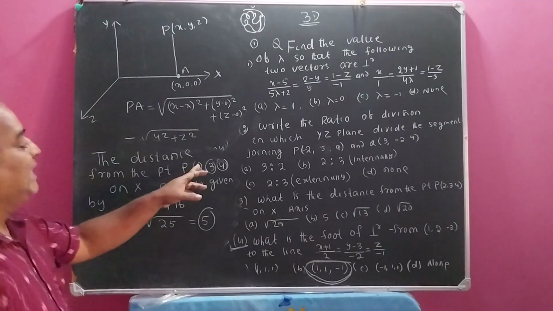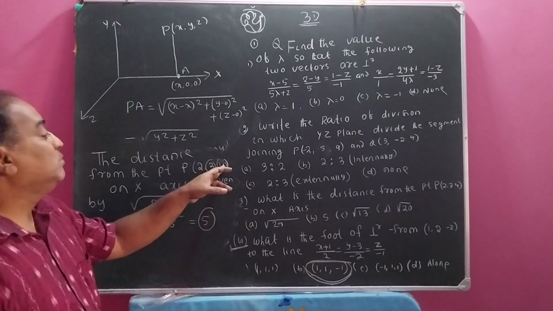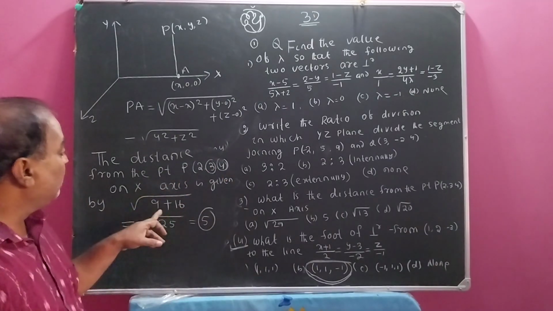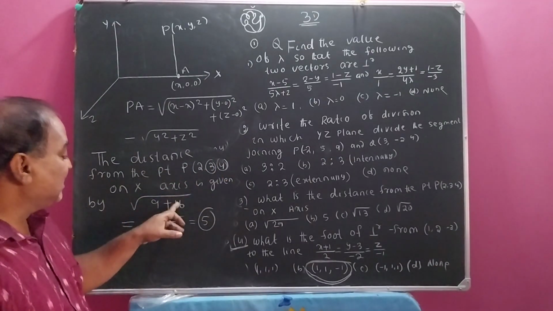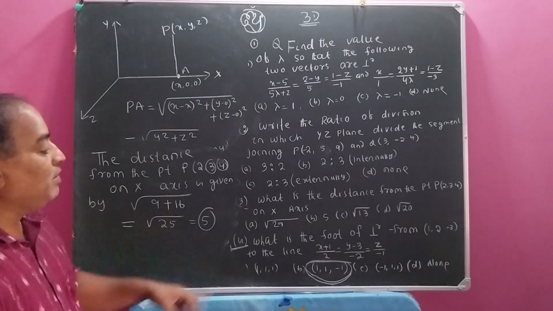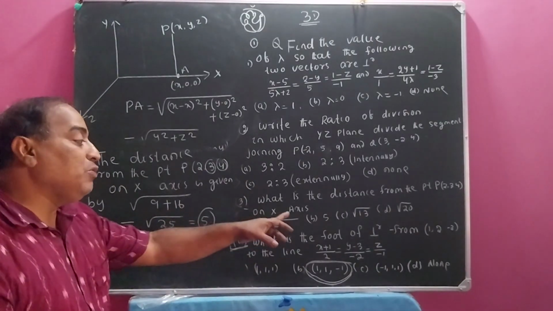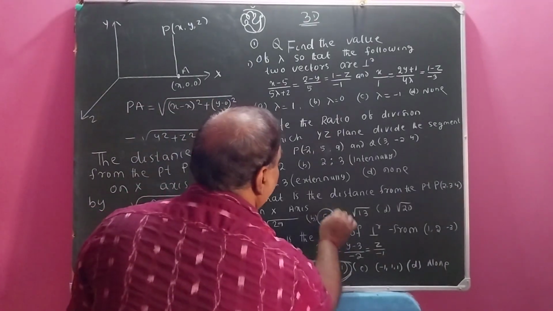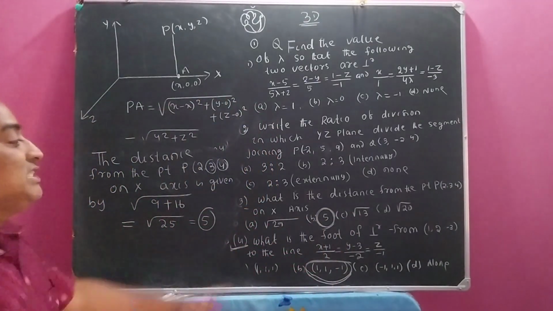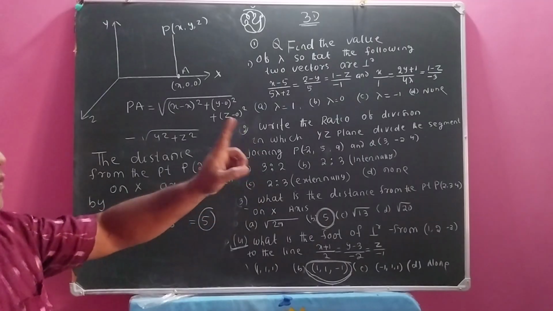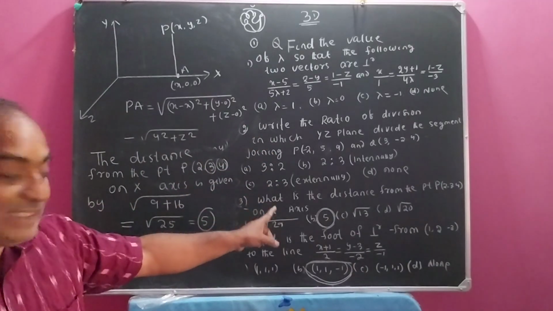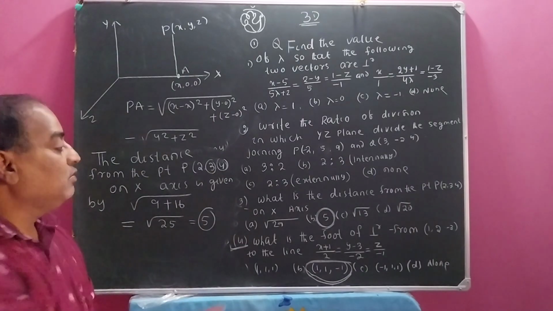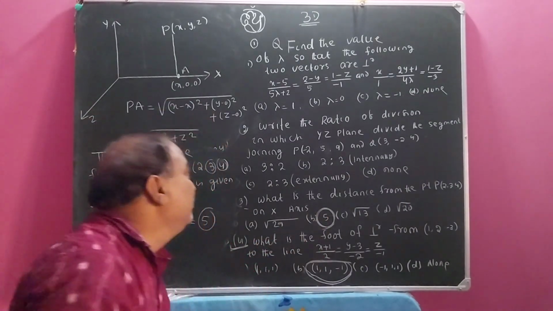Here x is 2, y is 3, z is 4. So it is root of 3 square plus 4 square, root of 9 plus 16, root of 25, which is 5. In our choices: root 29, root 5, root 13, root 22. So the correct answer is 5. The distance from point P(2, 3, 4) on the x-axis is always 5. Okay, so our answer will be 5.